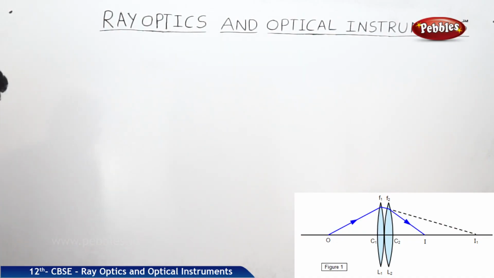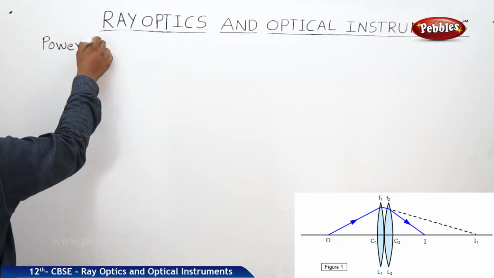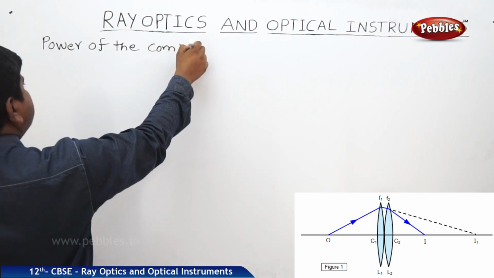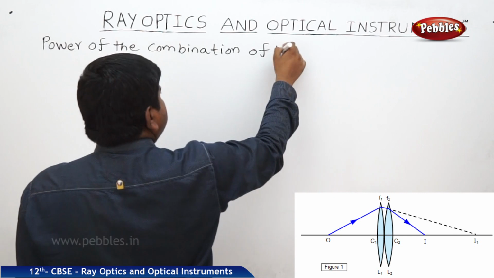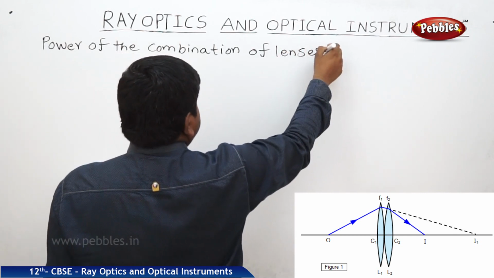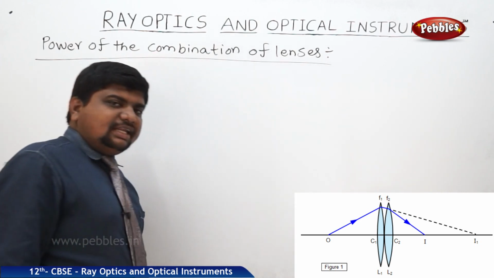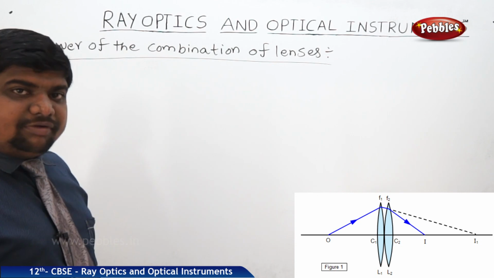Now we will see the power of the combination of lenses. For one lens, we have the power P is equal to 1 by f. So what will be the power of a combination of lenses?